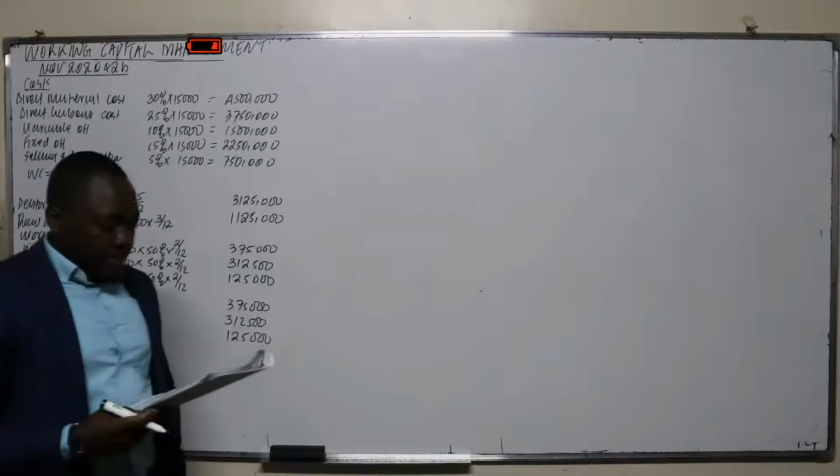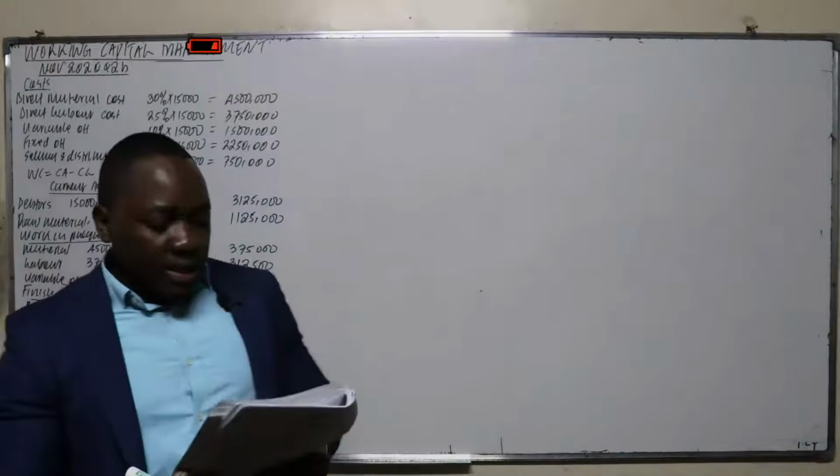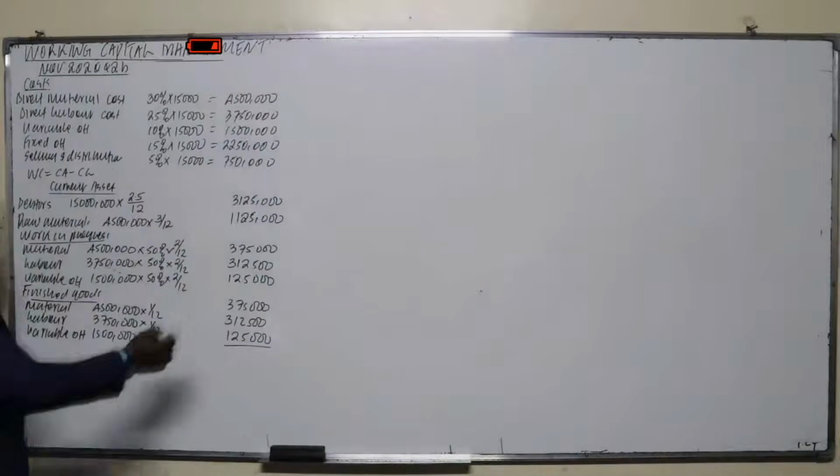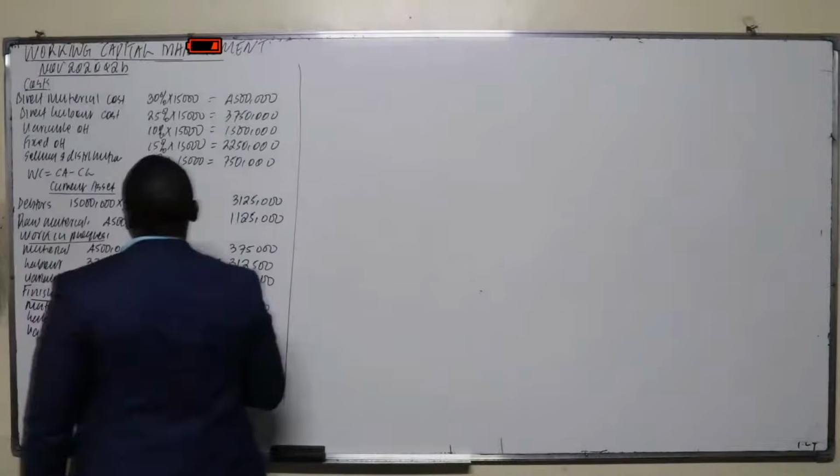Then we are told that in number 2, credit is taken as follows. Credit gives rise to creditors. So first of all, give me the total current assets. Add the total current assets.